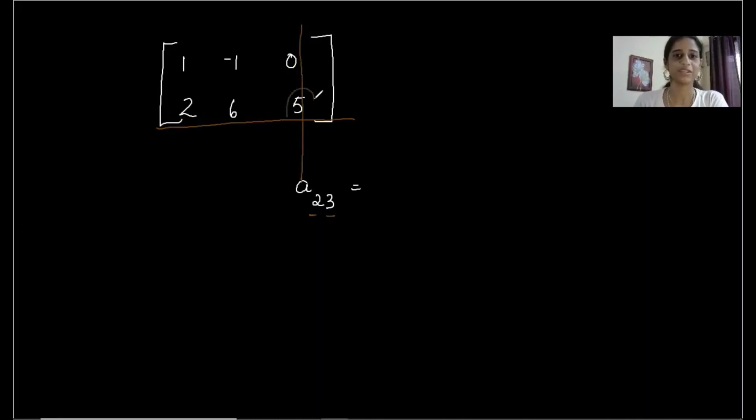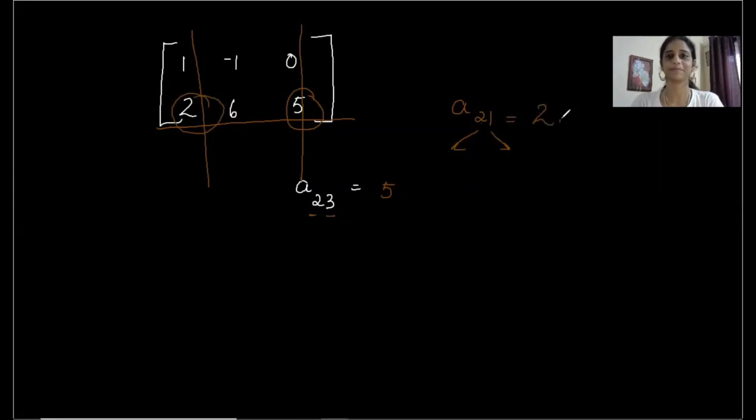So this intersection is 5. So A23 is 5. What about A21? A21, second row, this is row and this is column. Second row, first column. So the intersection of second row, first column is 2. I think it's clear.